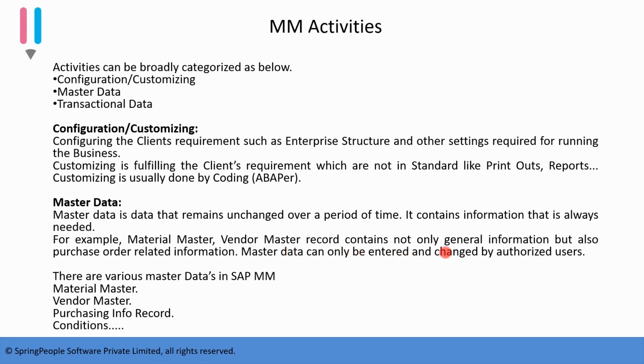Master data can only be entered and changed by authorized users. Why these authorized users? Let us assume I have authorization to create a material master. For the same iPhone 14, I create the material master using the description: Apple iPhone 14, some screen and some RAM, 256 GB or whatever the RAM is. Let us say person B also has authorization to create a material master. He creates it saying iPhone 14, RAM so and so, screen so and so, Apple.